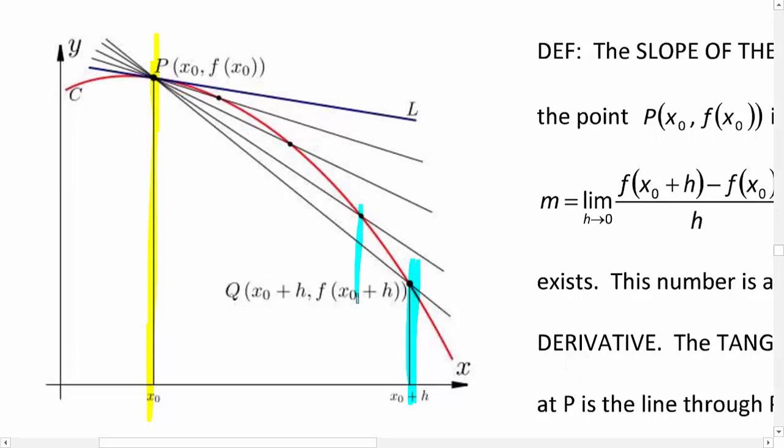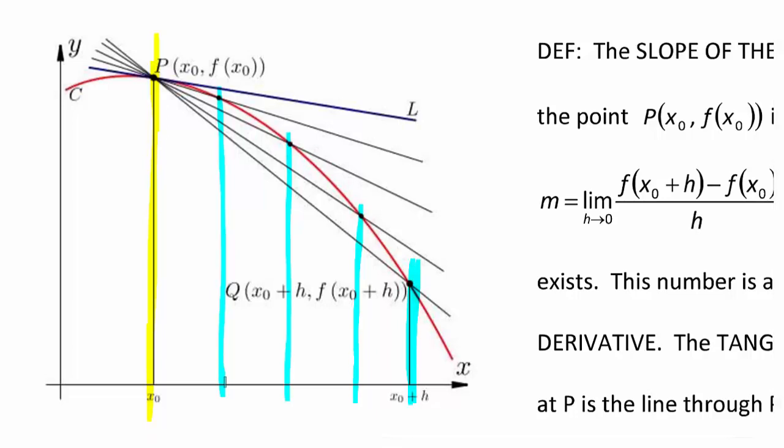So as we continue to shrink this distance, we see that the slope of the corresponding secant line is changing. And if we take this value h and have it approach 0, so it's getting as close to 0 as it possibly can without actually being 0, the first point and the second point essentially become one and the same. And so now this secant line is actually only grazing the graph one time.